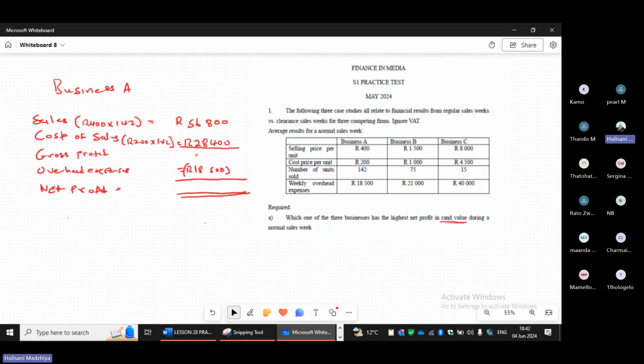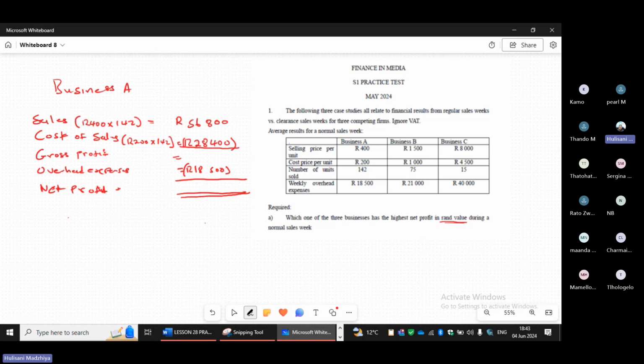So if you had to calculate cost of sales and they told you that you bought 142 units and you sold 100 units, your cost of sales will be based on the number of units you sold, not on the number of units you purchased. So I'm going to put this one in brackets since it's an expense and we're going to be subtracting it from our sales.